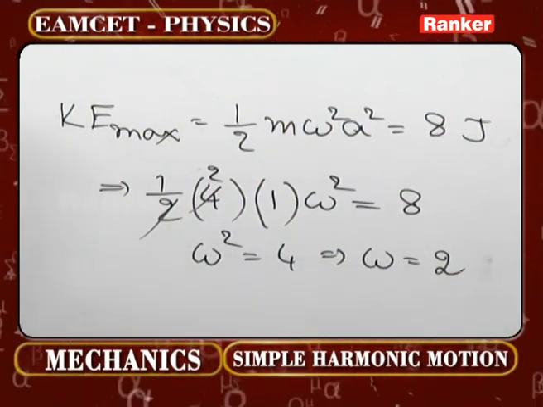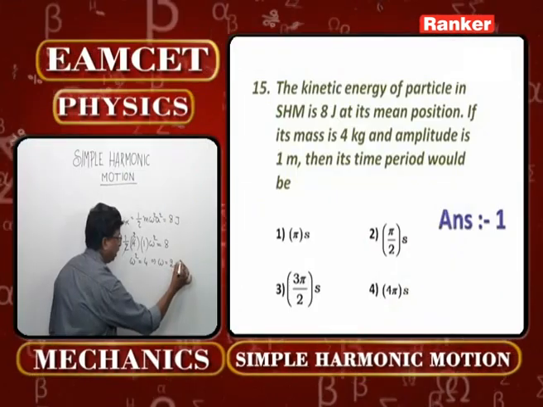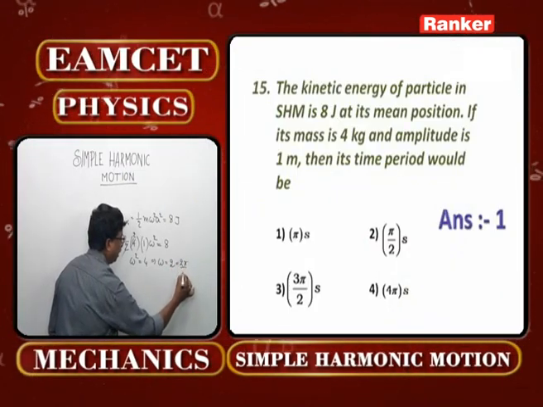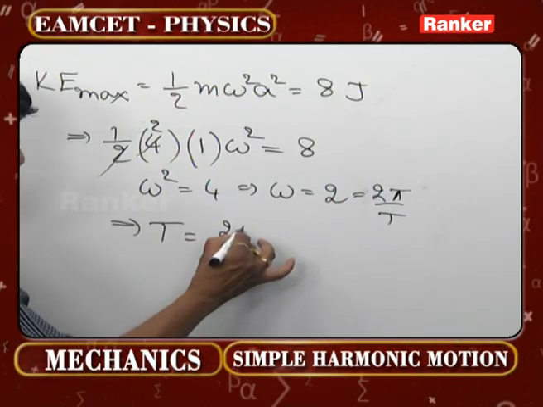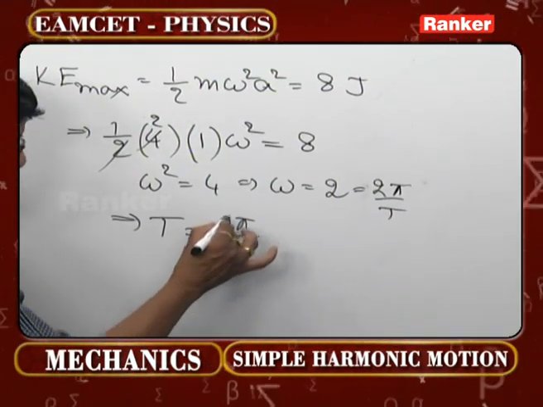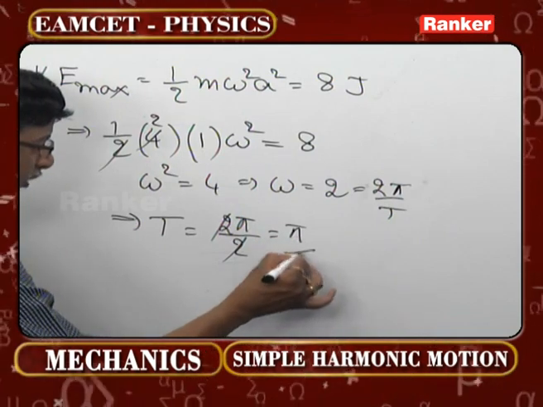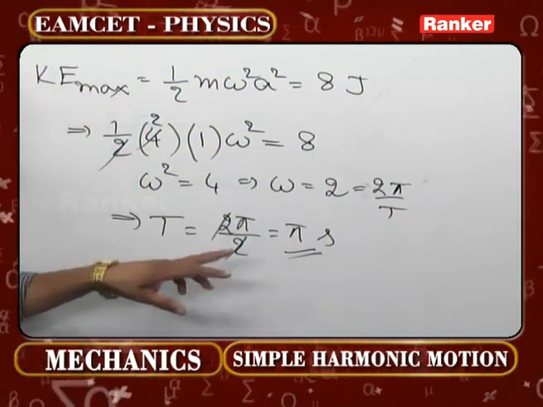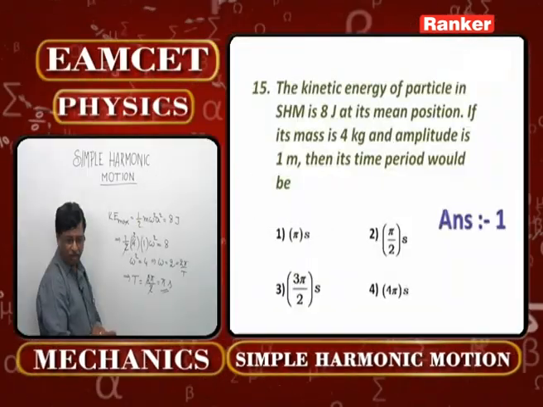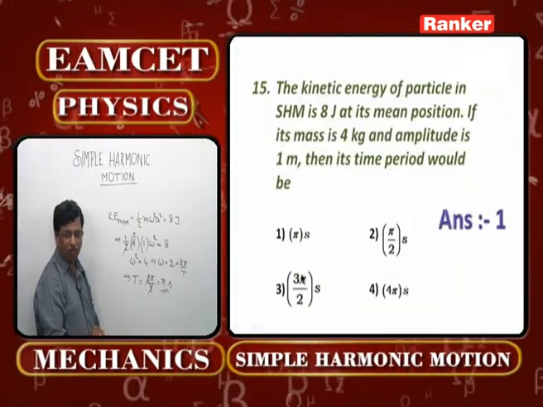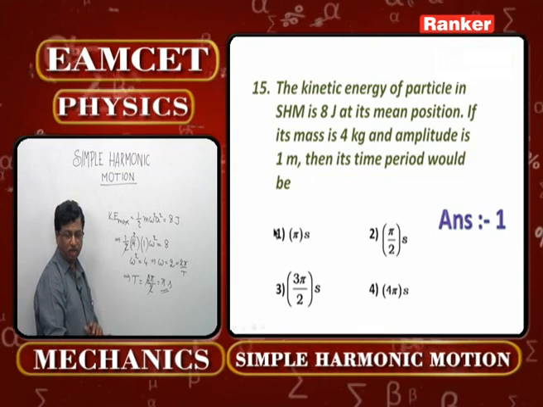But his question is what is the time period? Omega can be written as 2 pi by capital T. Then what will be the capital T over here? 2 pi by 2. 2 getting cancelled, you are left with pi seconds. So what will be the corresponding time period of the body is the question. It will now be exactly pi seconds. That means the very first option is going to be correct over here.